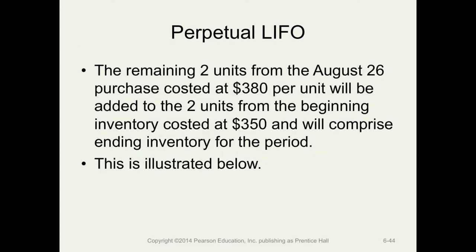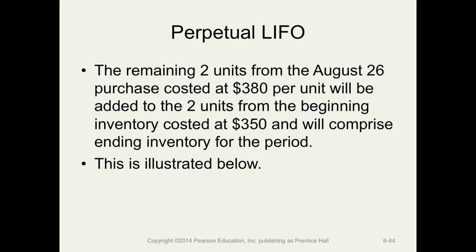And of course, when we do the example in a moment, it will tell you that if you're assuming the last goods in are the first ones out, that means your older units remain. So if you look at this last slide before we do the example, there are 4 units in ending inventory.